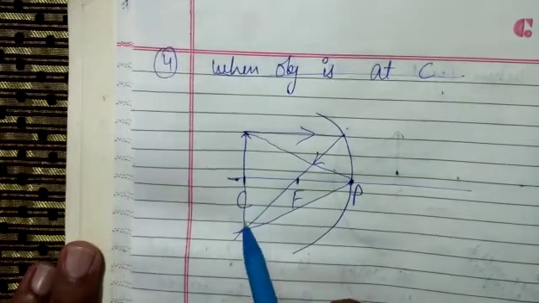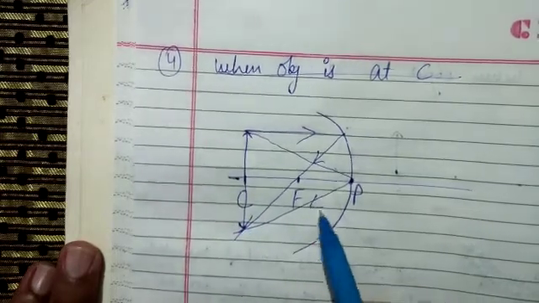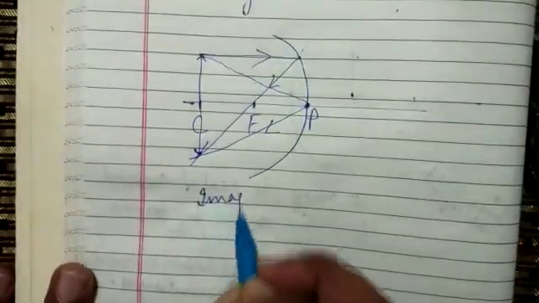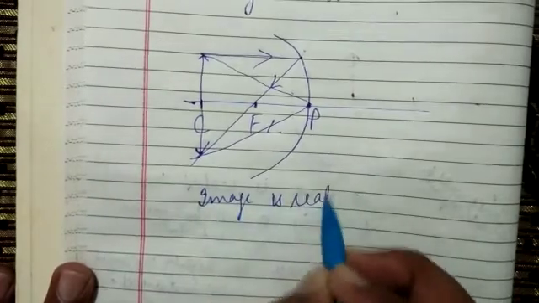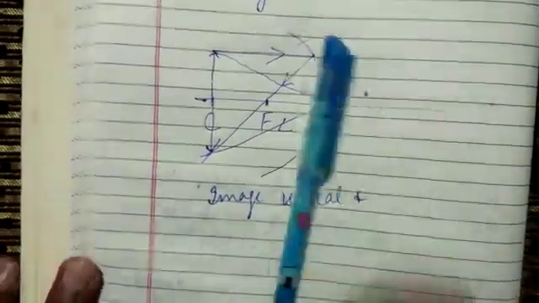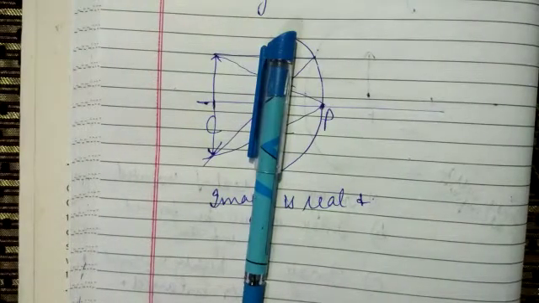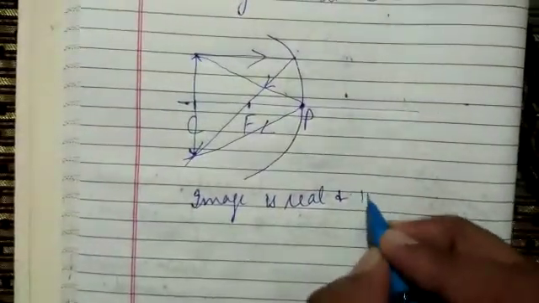So here you can check the image is formed again, just a real and inverted image. The image is real and inverted.